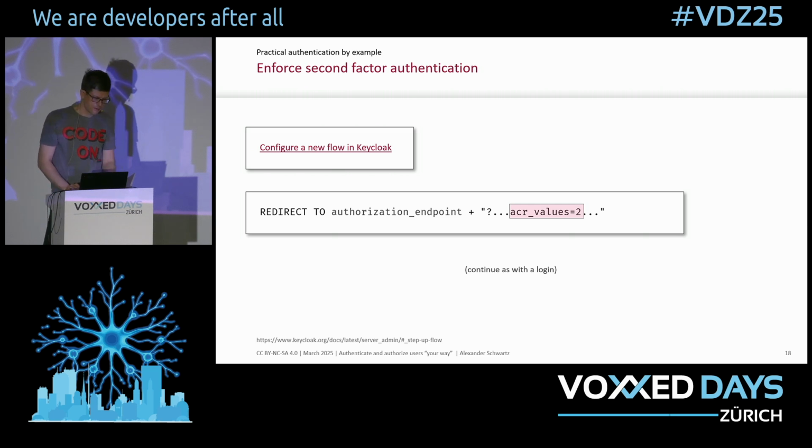So the thing is, you might have an application out there, maybe your super secure Grafana that everybody is only allowed to access by, again, entering the second factor. You can pass on this information in a URL to the identity provider, these ACR values equals 2, and then you have an authentication flow that really checks this ACR value and makes some decision on that.